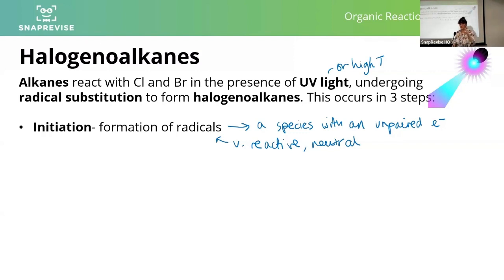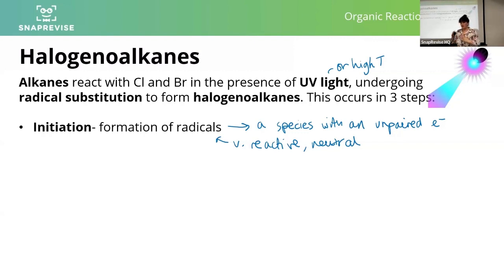So it's a neutral species. A chlorine atom is neutral. We just rarely see radicals because you have to have that extra energy present in order for them to exist as their very reactive, unstable radical form.